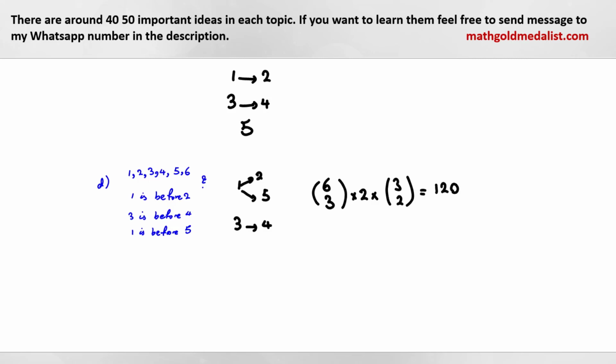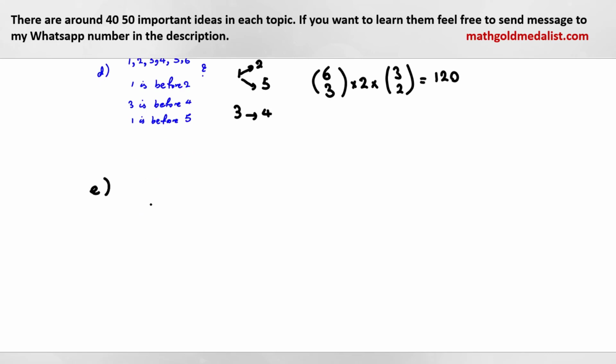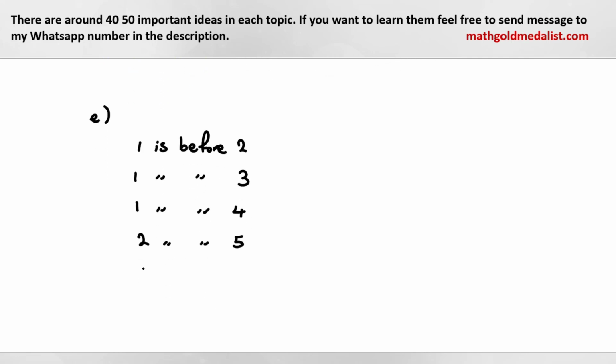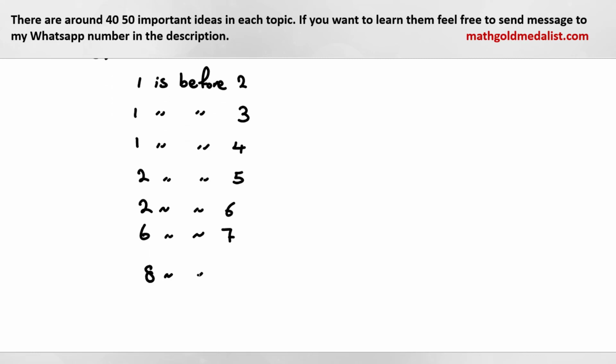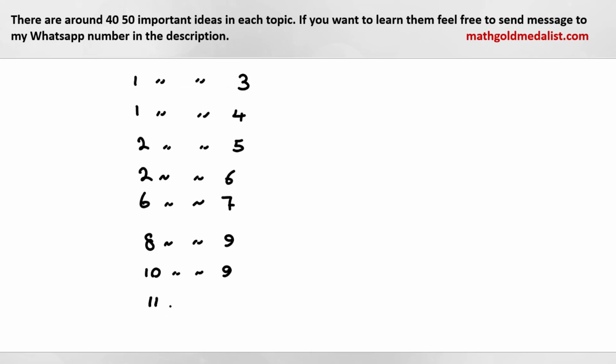Let me tell you the last problem we want to solve. If you couldn't, I will tell you the idea. So let me tell you part E. Suppose 1 is before 2, 1 is before 3, 1 is before 4, 2 is before 5, 2 is before 6, 6 is before 7, 8 is before 9, 10 is before 9, 11 is before 9, 9 is before 12.